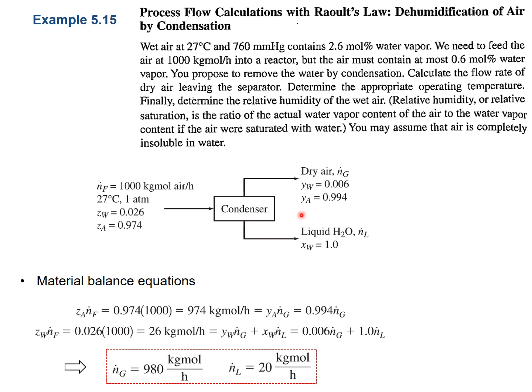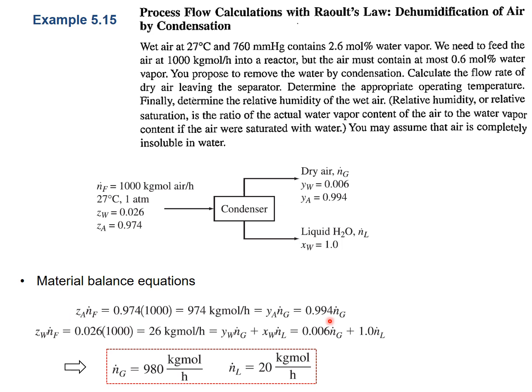Of course, the amount of the product streams can be calculated from the material balance equation in the absence of a phase equilibrium diagram. Here we have two components for the material balance equation, water and air. So we have two different material balance equations.